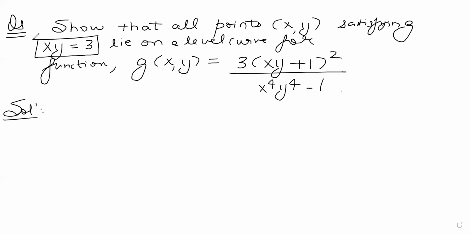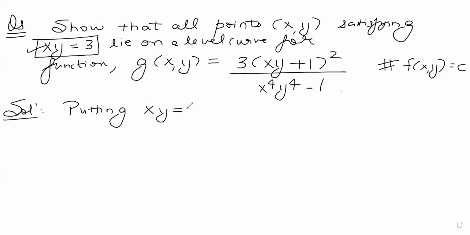So guys, if I put xy equal to 3 in g of x, y, I should be getting a constant, because what is the equation of a level curve? In general, the equation of a level curve is f of x, y coming out to be a constant c. So if I put xy equal to 3 in the function g of x, y, I should be getting a constant.